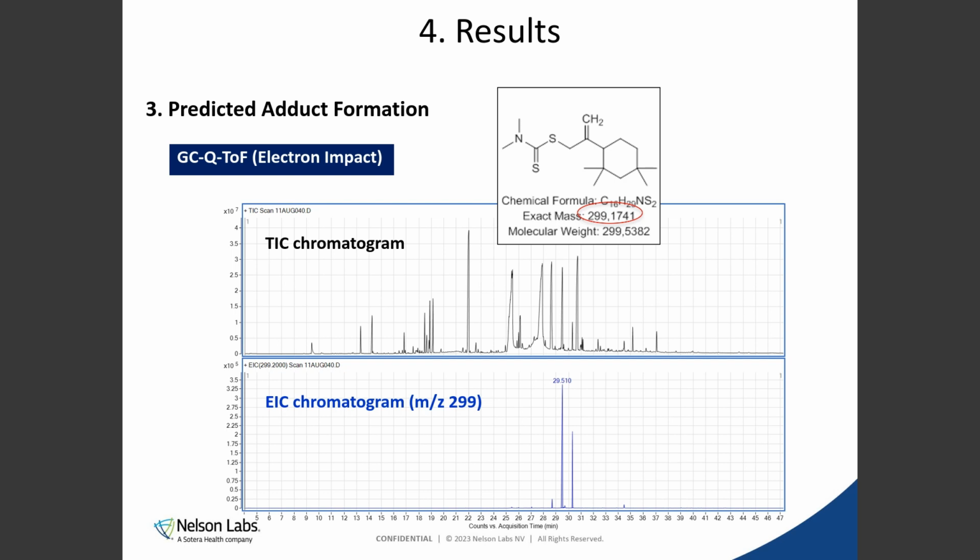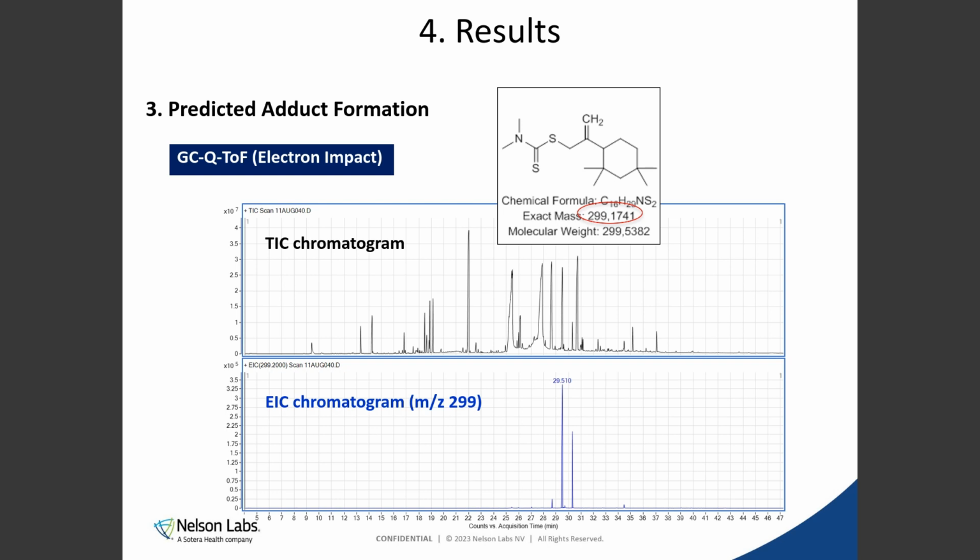Now we have to look a bit more at the different analytical methods that we applied. This one is a GCQ turf with an electron impact analysis, meaning a quite hard method, meaning you will find some more fragments than with the chemical ionization.